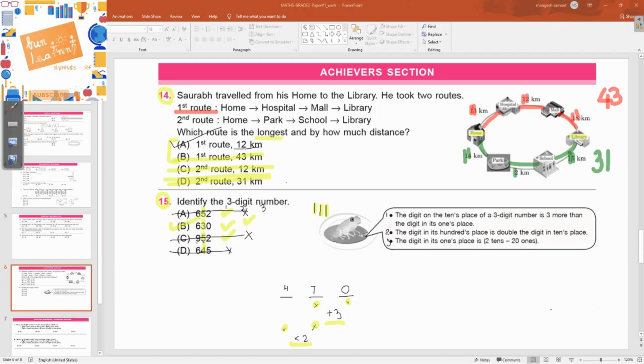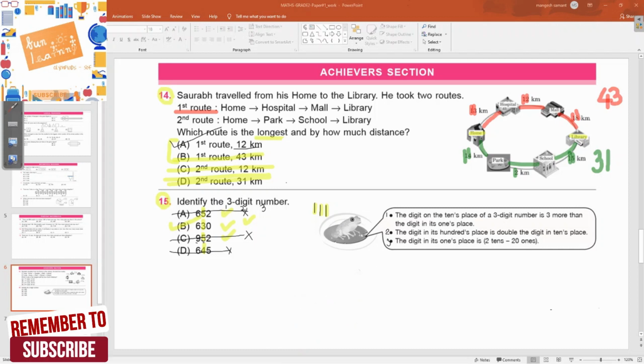If you're confused with statement 2, let's look at statement 3. What does statement 3 say? It reads that the digit in the ones place is 2 tens minus 20 ones. Now what is 2 tens? 2 tens is 2 times 10, which is equal to 20.